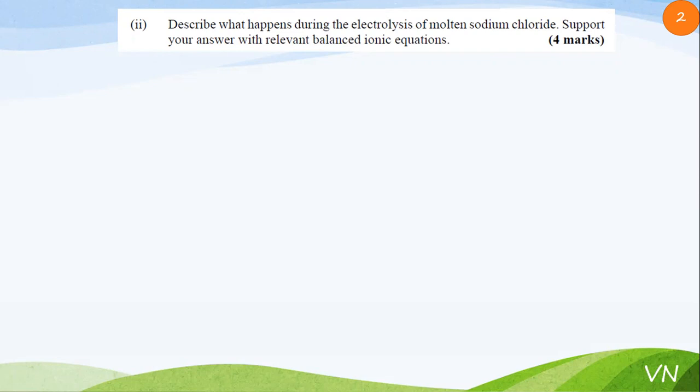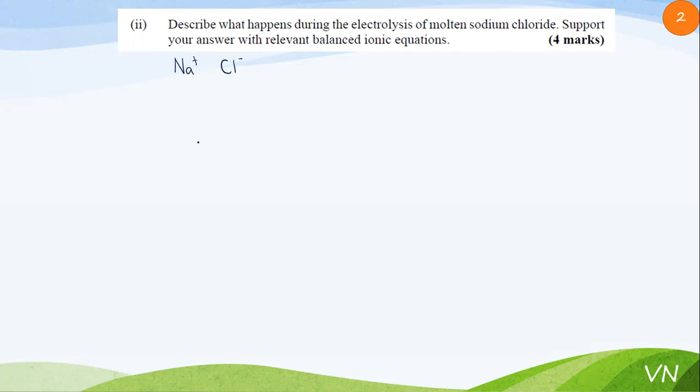What are the ions present in this system? In the electrolytic cell, what ions are present? Good, some persons are correct, we have sodium plus ions, we have Cl minus ions.